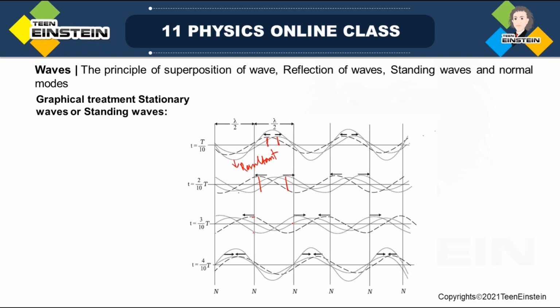Here, see these two when they overlap, because they are in almost opposite phase, this is going to be a node. When these two are meeting in phase, they are creating antinodes. Here you look, they are meeting out of phase, so there will be nodes.